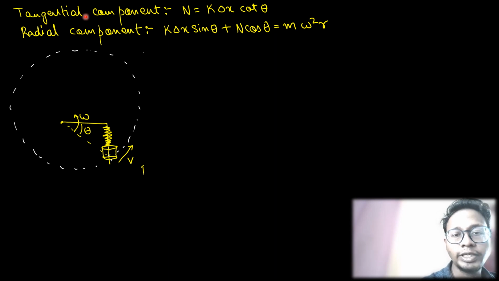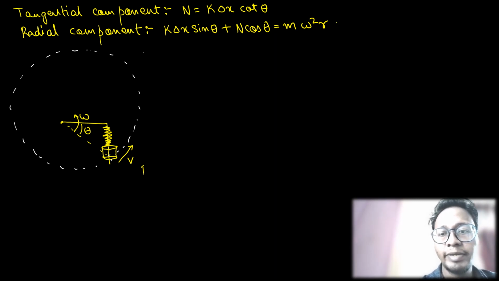Now we got these two equations, the tangential component and the radial component. Now let's solve them. So we'll modify the radial component. I'm dividing the left hand side and right hand side by cos theta.